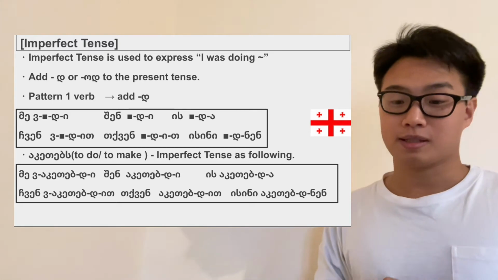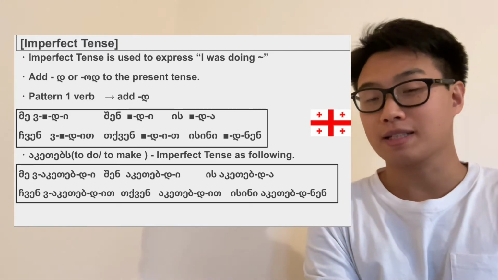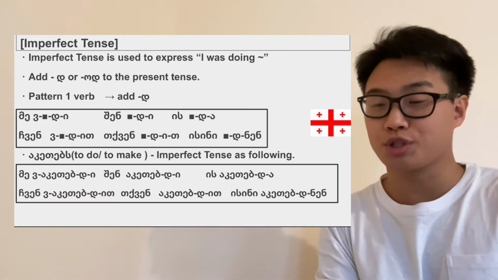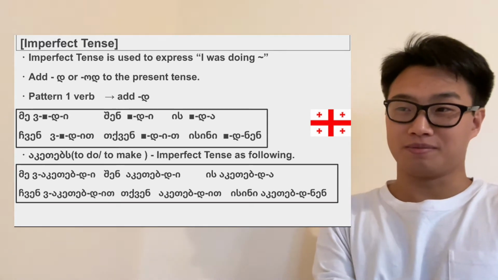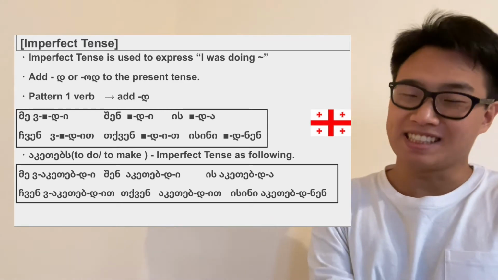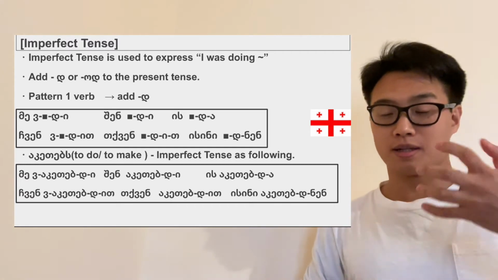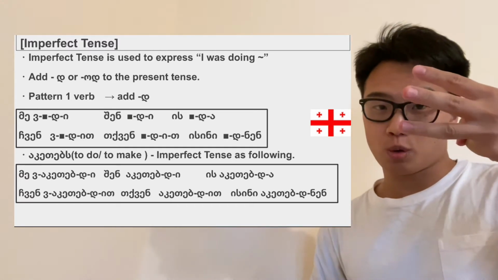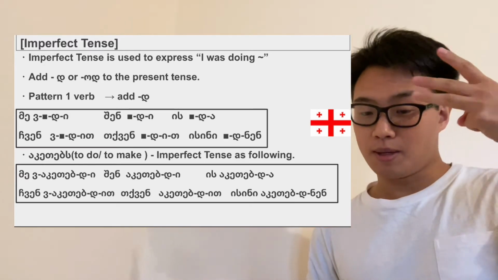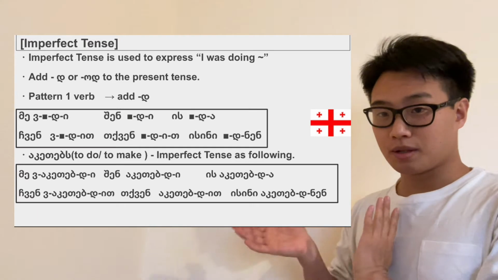to study about this. And fortunately, the way we make the imperfect tense, past progressive tense in Georgian is not that complicated. It's rather easy, simple. So in this video we are going to study the pattern 1, pattern 2, pattern 3 verbal conjugations, imperfect tenses. So I made one slide here now.